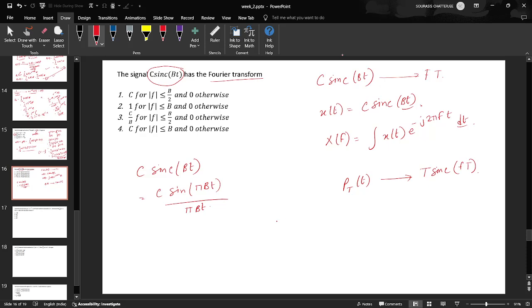And using the duality property of Fourier transform, we have b sinc bt as a pulse of bandwidth b.